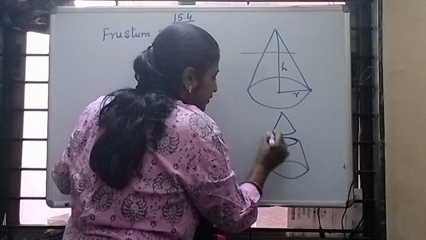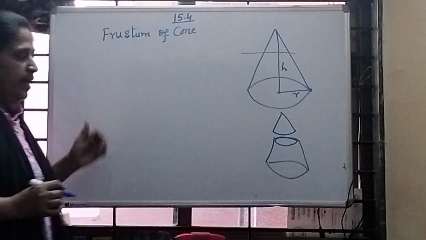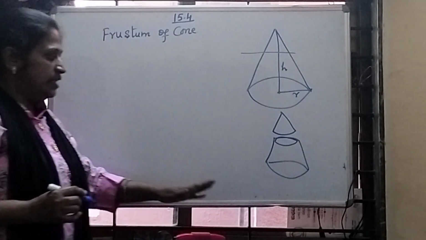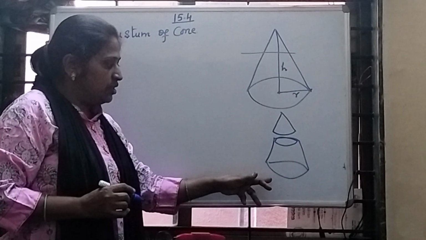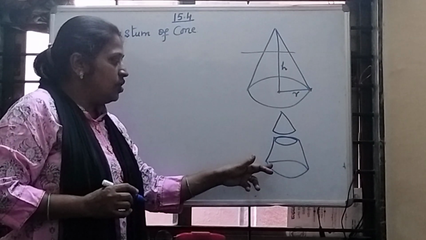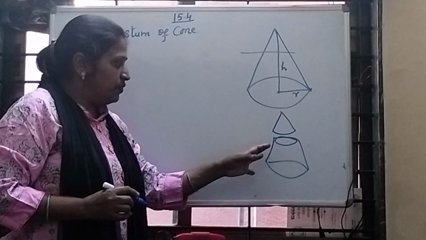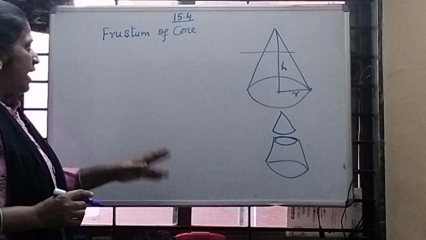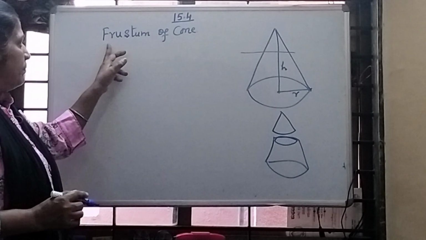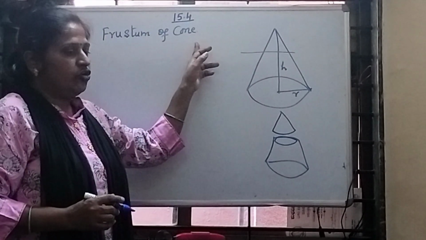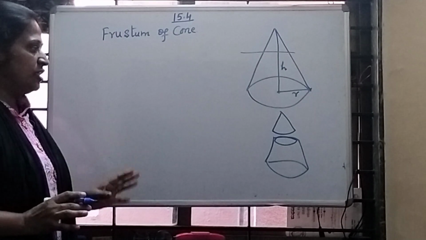The best examples are glass tumblers and buckets which you use in your homes. They are examples of frustum of cone.